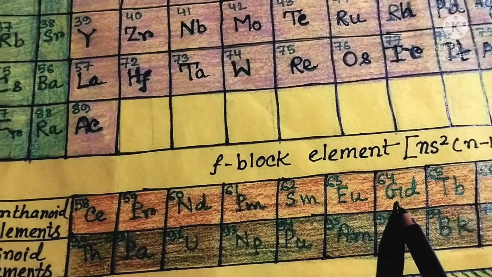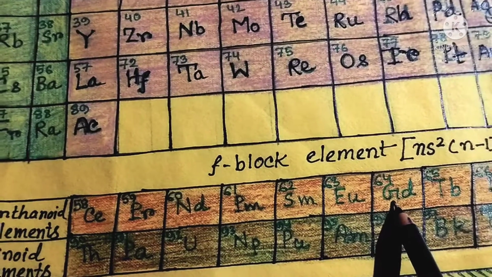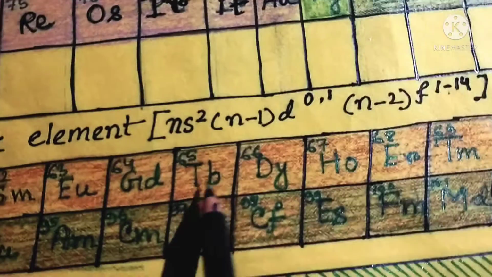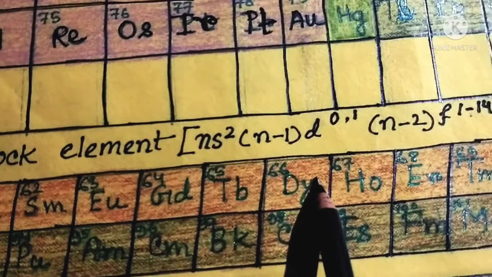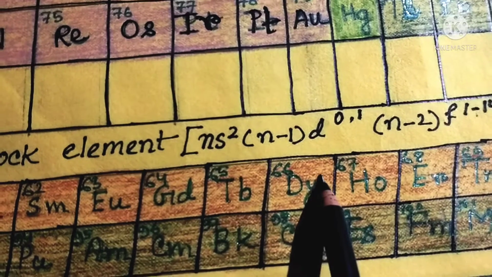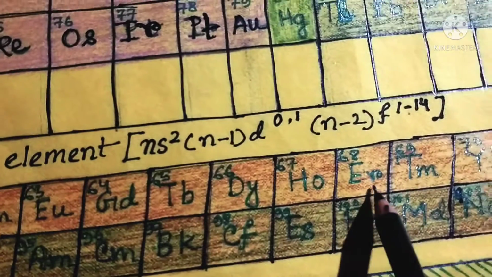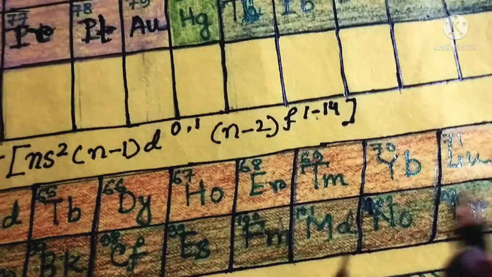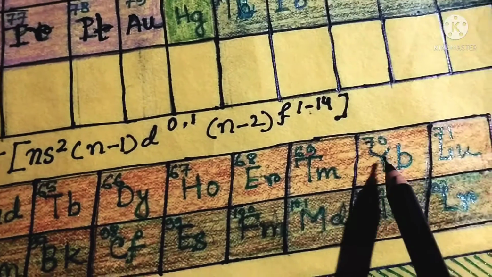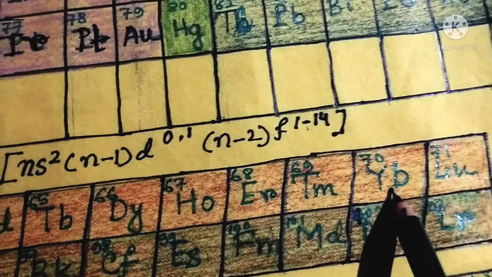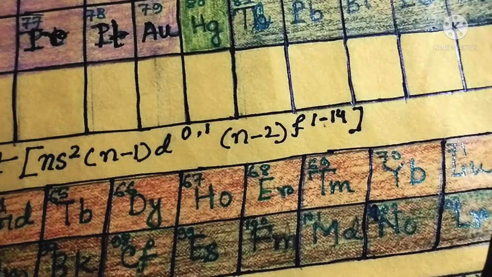This is Gd, gadolinium. Next is Tb, terbium. Next is Dy, dysprosium. Next is Ho, holmium. Er, erbium. Tm, thulium. Next is ytterbium, and Lu, lutetium.